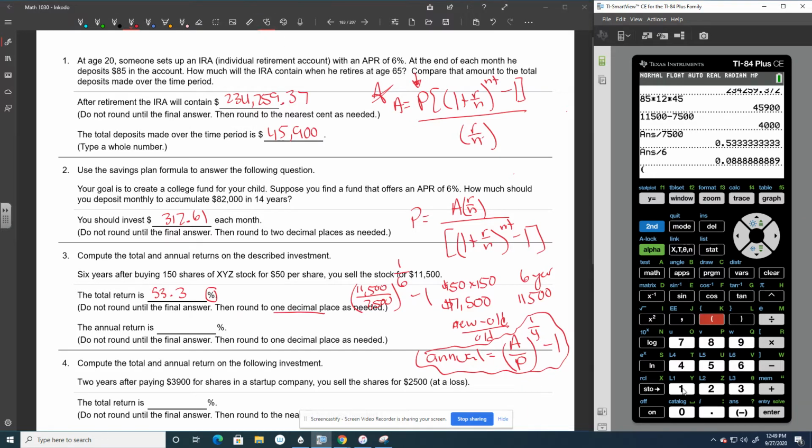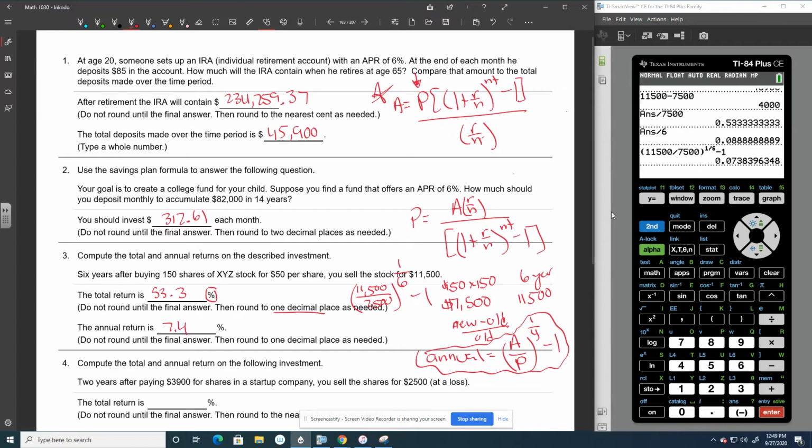So we're going to take 11,500 and divide that by 7,500, and raise it to the 1 divided by 6. And then I'm going to minus 1. So when I do that, it gives me 7.3%, which sounds, let's see, how does it want us to round it? Round to 1 decimal place. So 7.3, that 8 is going to round it up to 7.4%.